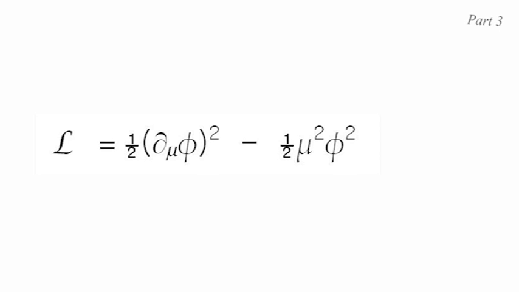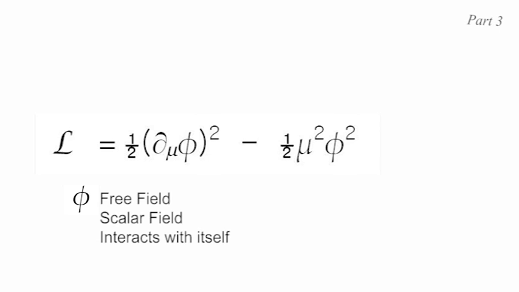But there's one more thing. The Higgs field is called a free field because it has no sources, no kinds of charges from which it emanates or ends up. And I don't just mean electrical charges. It's scalar because it has no direction. However, the fact that it is self-sourcing means that it also interacts with itself.